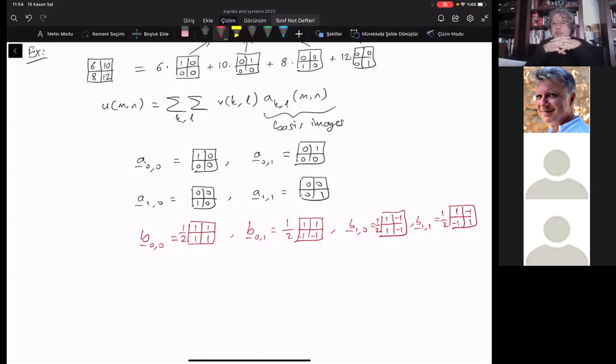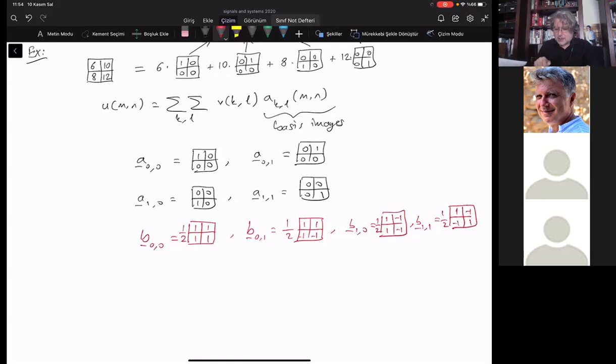When you add them up, it will give you 0. So their inner product is 0. Whenever you have an inner product, B0,0 inner product B0,1, for example, is 0, it means they are orthogonal. We are trying to have a unit norm and orthogonal, which combined translates as an orthonormal set. So this is an orthonormal set.